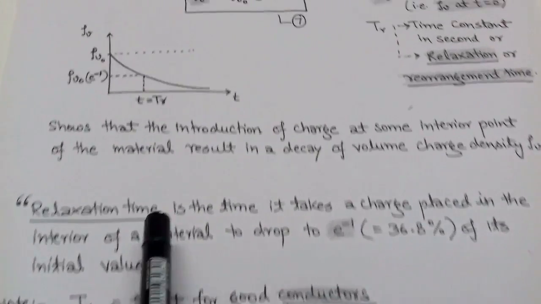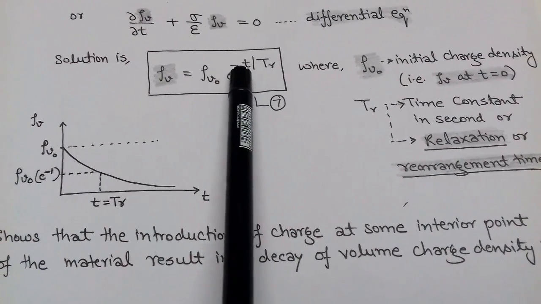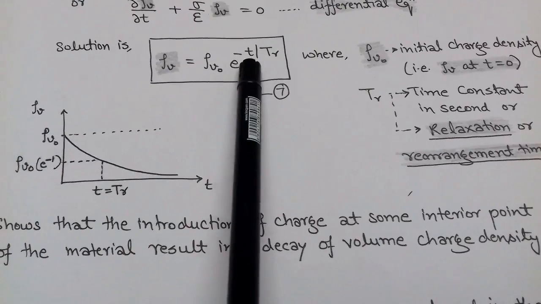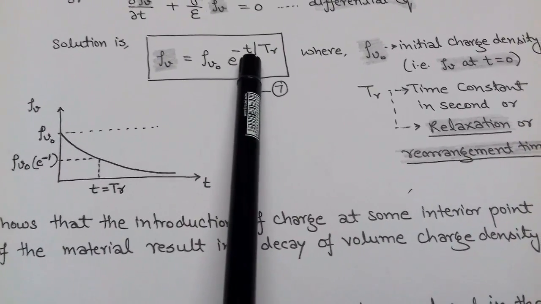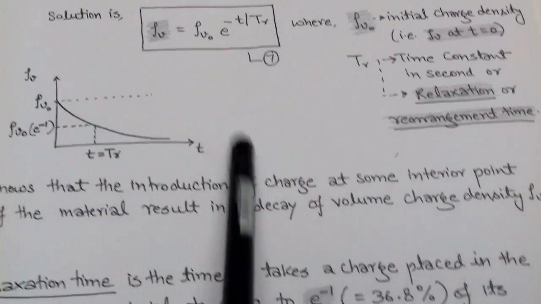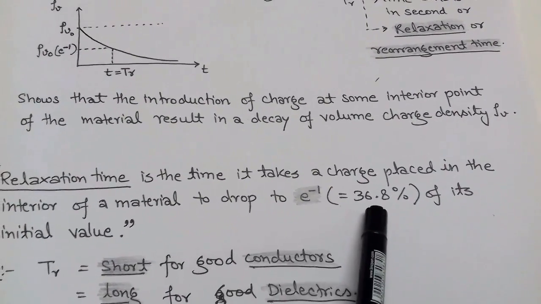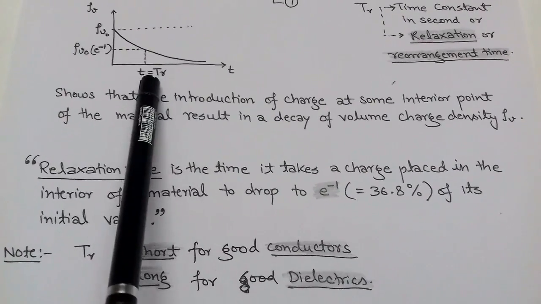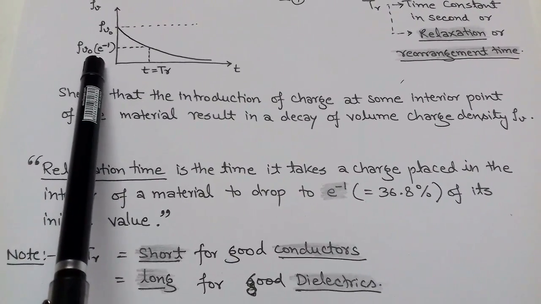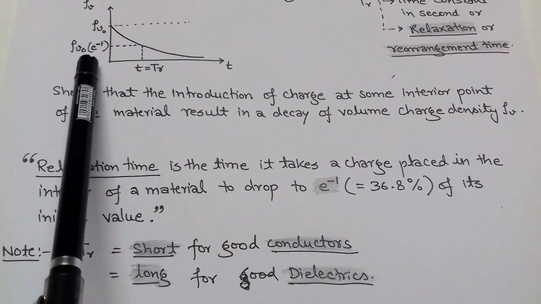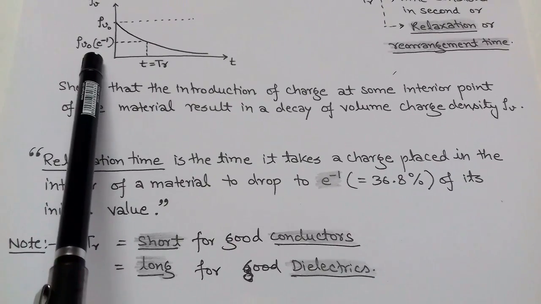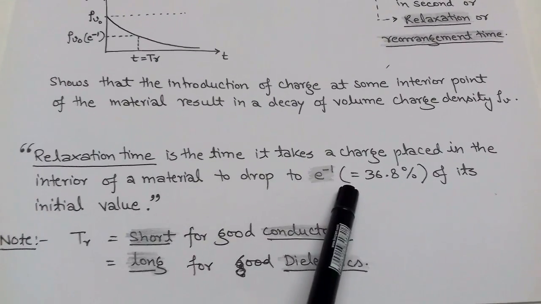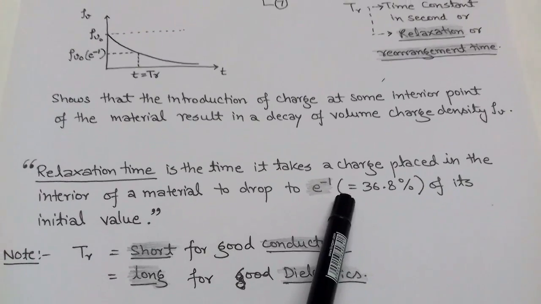So at time t equals tr, the exponential term becomes e to the power minus 1 of its initial value.